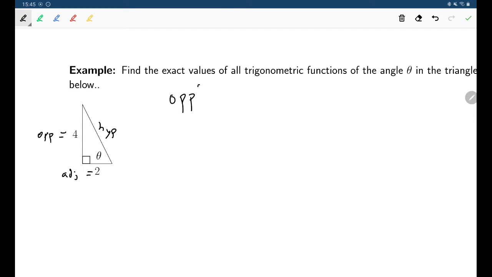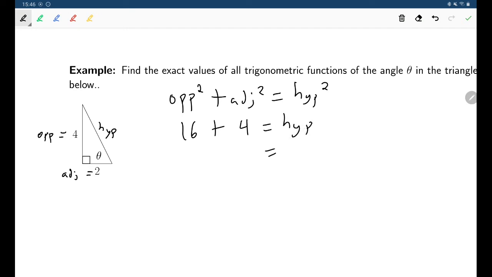We know that the opposite squared plus the adjacent squared should be equal to the hypotenuse squared. Our opposite is 4, so 4 squared, or 16. The adjacent measures 2 units, so 2 squared, which is 4. And we can find out that our hypotenuse squared is 20, and so our hypotenuse itself should be root of 20.